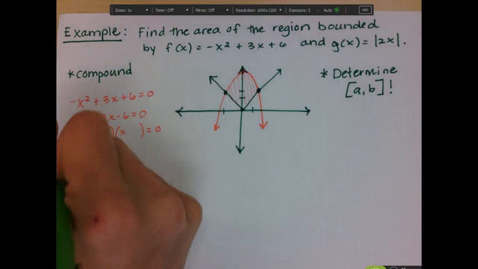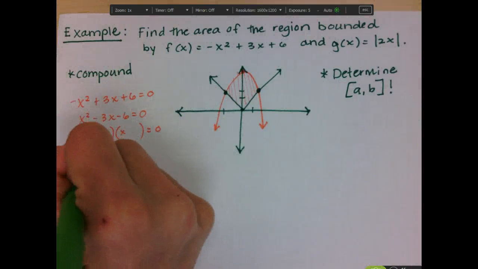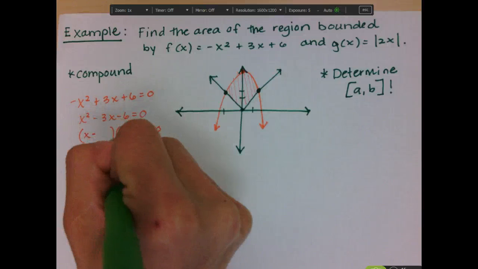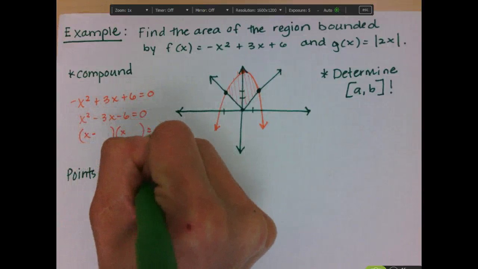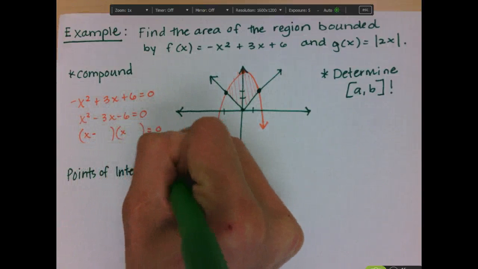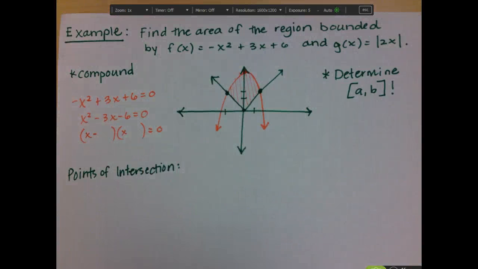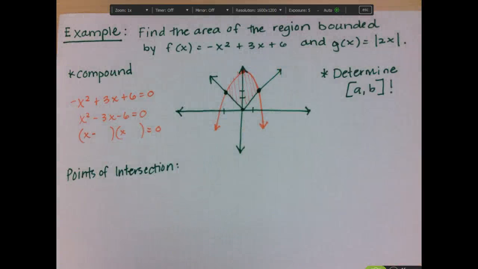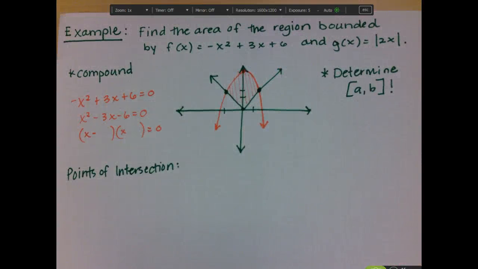So what we do need to find are those points of intersection, or at least the x values of those points of intersection. So I would recommend pausing the video right now, and let's see if you know how to find that. We want to find out where these two functions intersect.